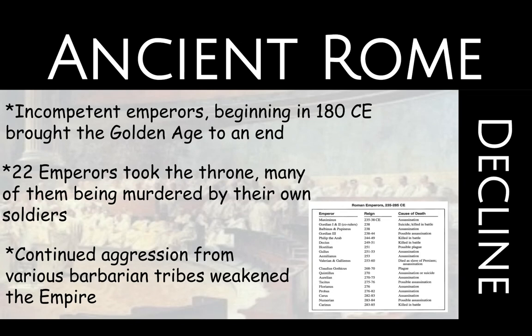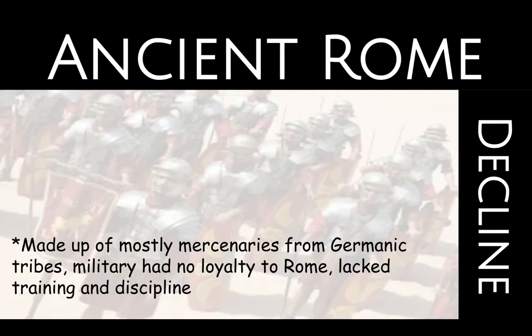You've got the Anglo-Saxons, you've got the Vandals, the Alans, the Visigoths, the Ostrogoths. So all kinds of different barbarian tribes attacking all throughout the empire. And there's no way that the military is going to be able to make it to all parts of those places to stop these invasions.